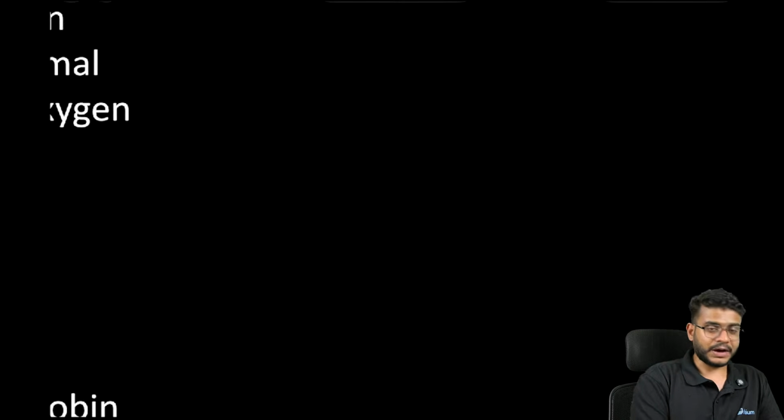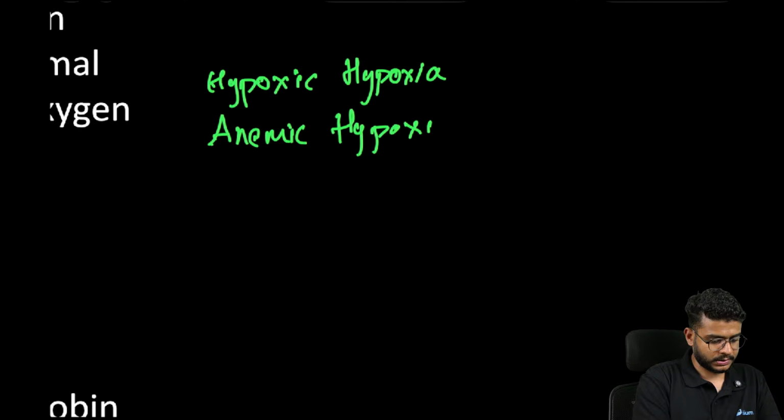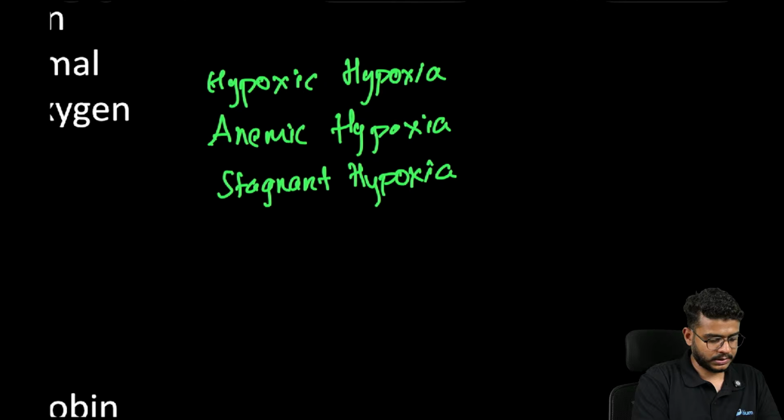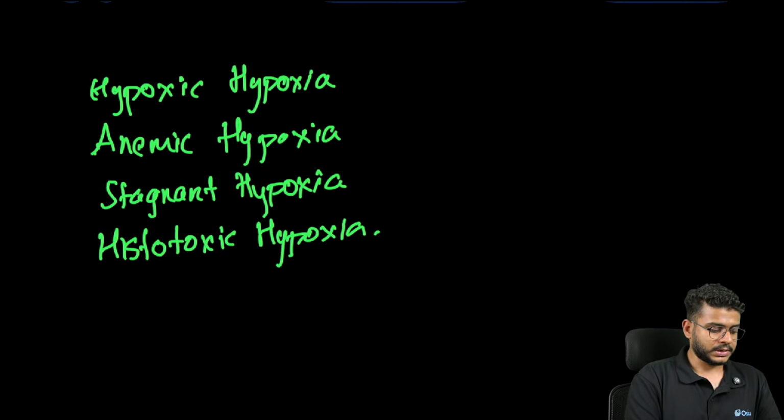Okay, we have four types of hypoxia, which are hypoxic hypoxia, anemic hypoxia, stagnant hypoxia, and last, histotoxic hypoxia. So hypoxia means lack of oxygen.